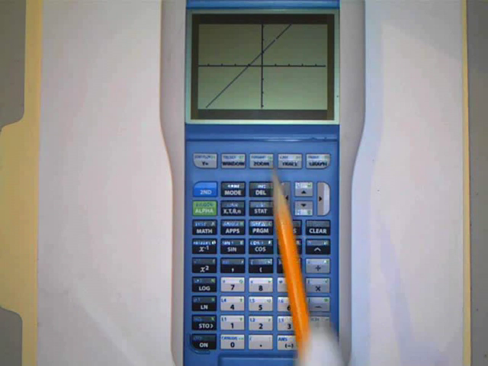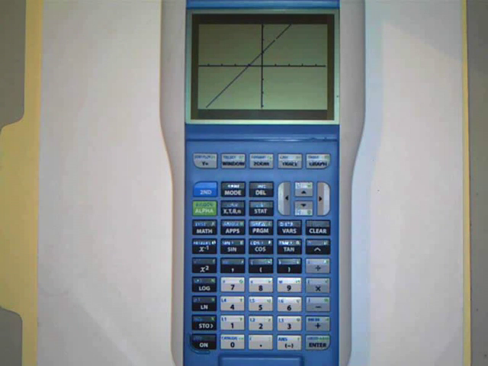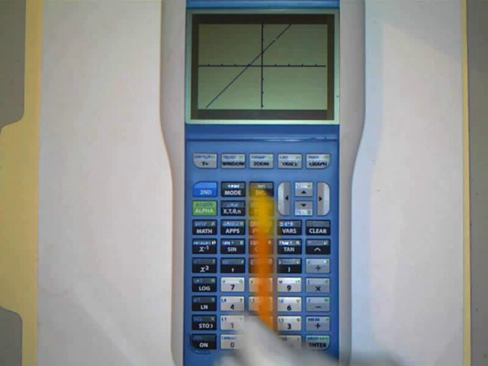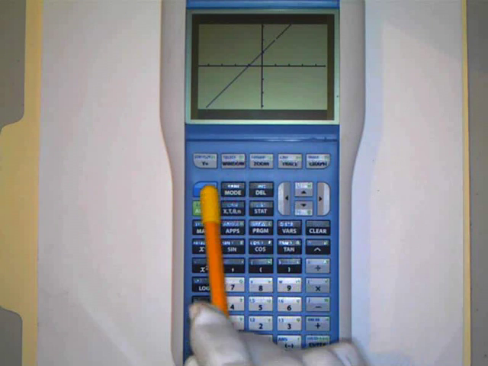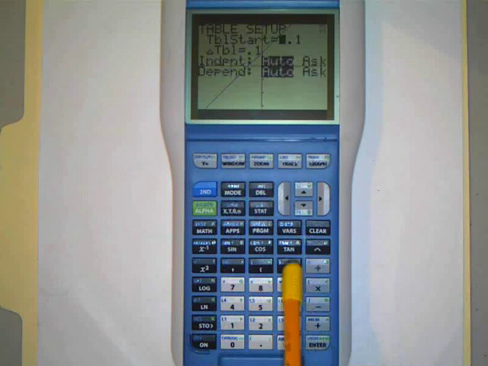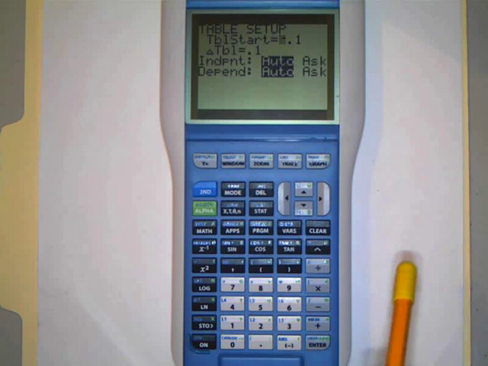This is real easy on these calculators now. What we'll do is go to second, table. That's going to give me values based upon the function that I put into y1. And we're going to see what's happening at x equals 1. So we'll start at 0.